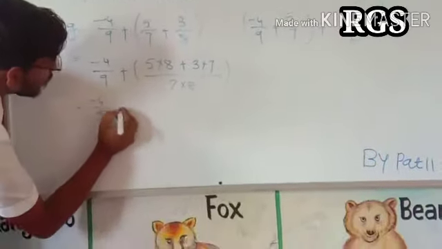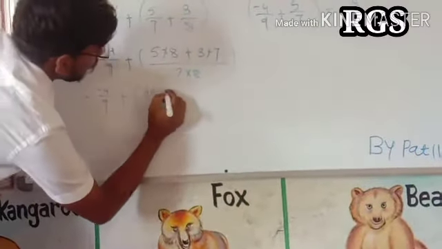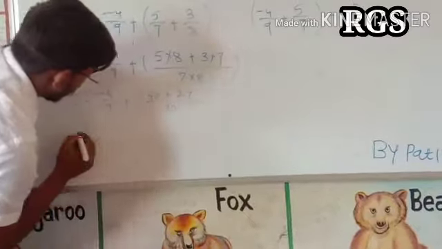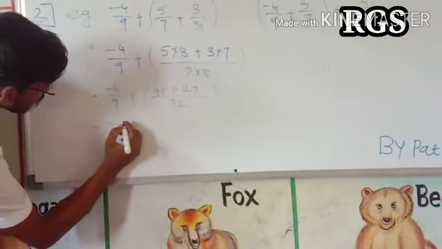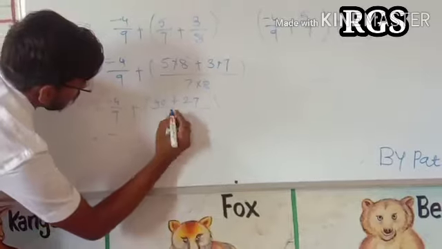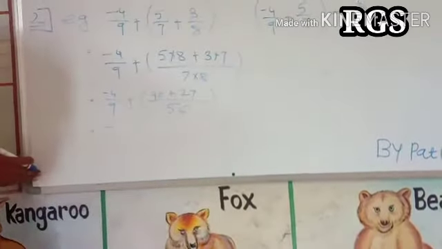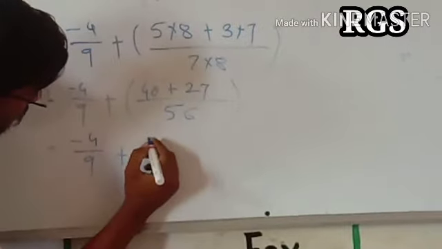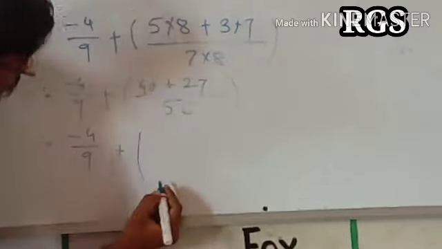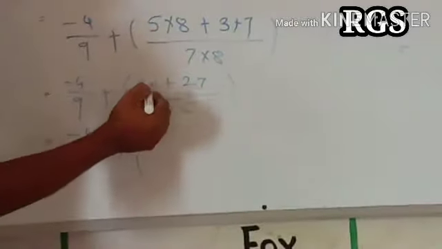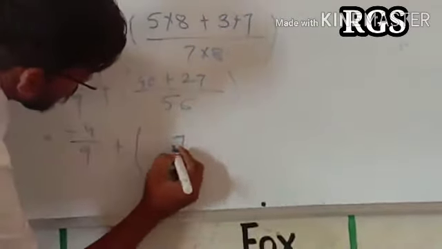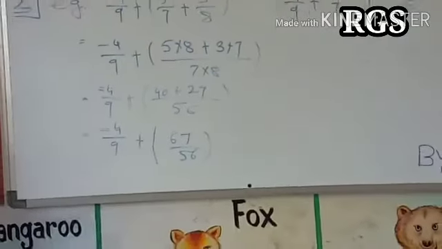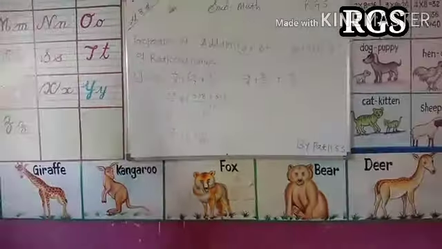Minus 4 upon 9 plus, 5 is 40 plus 27... not 72, 7 8s are 56. Minus 4 upon 9 plus, after addition of these two terms, what will we get? 67 divided by 56. That is 67 upon 56.